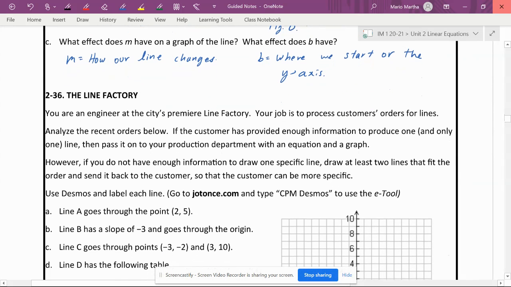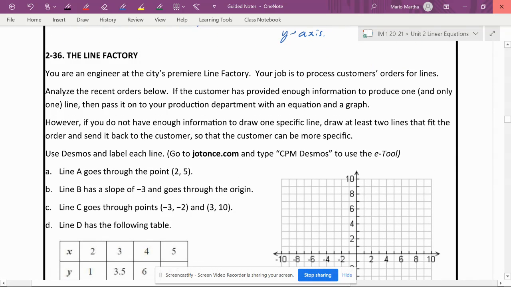So now we're going to be looking at question 236, the line factory. So you're an engineer at the city's premier line factory. Your job is to process customers' orders for lines. Analyze the recent orders below. If the customer has provided enough information to produce one and only one line, then pass it on to your production departments with an equation and a graph.